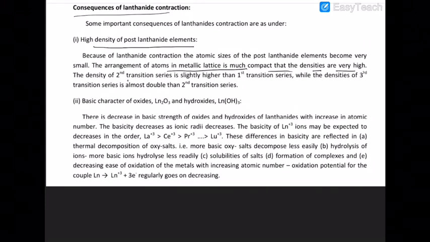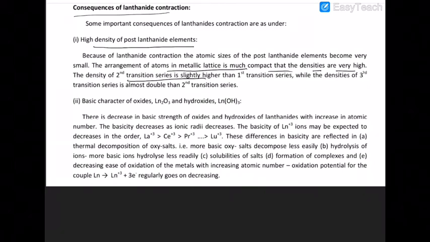The second series of transition metals starts from yttrium to cadmium. So what happens here in this case? The atomic size of zirconium and hafnium is the same.